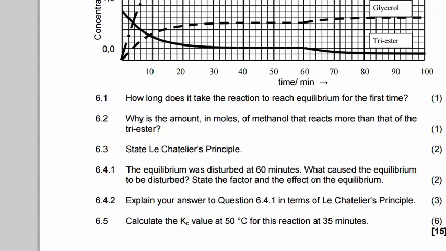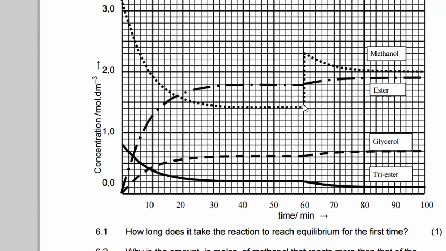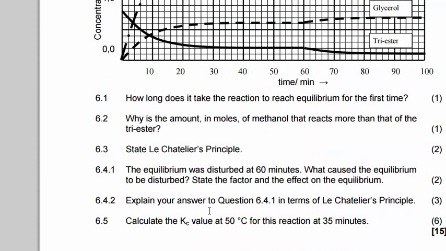State the factor and the effect on the equilibrium. So methanol was increased, so all of a sudden we have more reactant. Now, which is going to be favored, forward or reverse? The forward reaction. So more products are going to form, and look there, here are the products, those that start at 0. At this point a little bit more of this formed, a little bit more of that formed, and a little bit more of the triester is used. You notice that? And so after a while they reach equilibrium again.